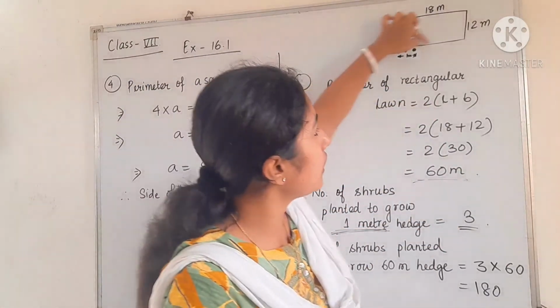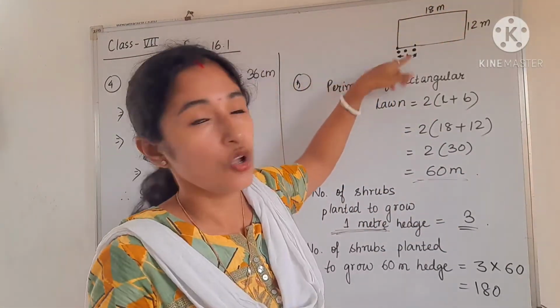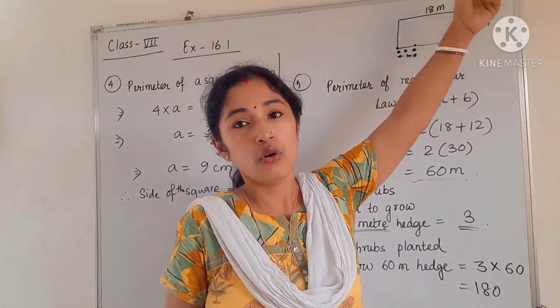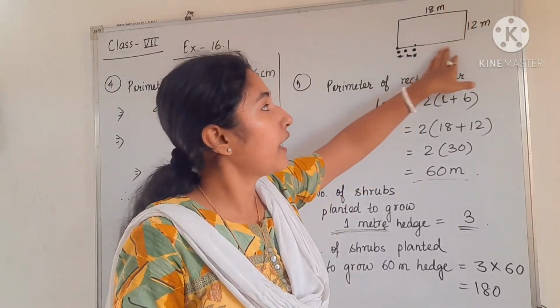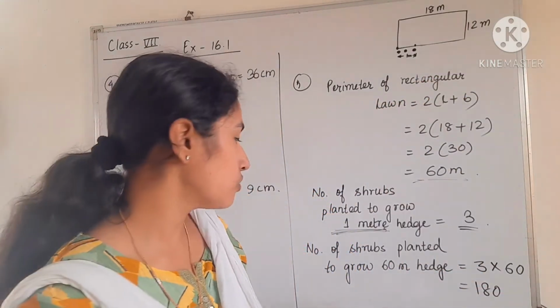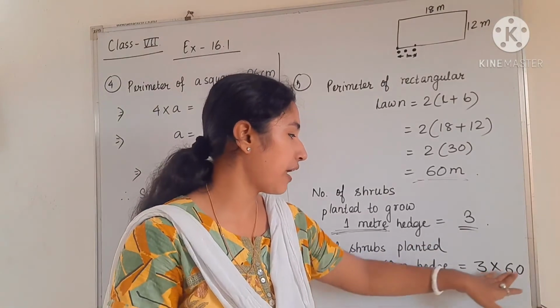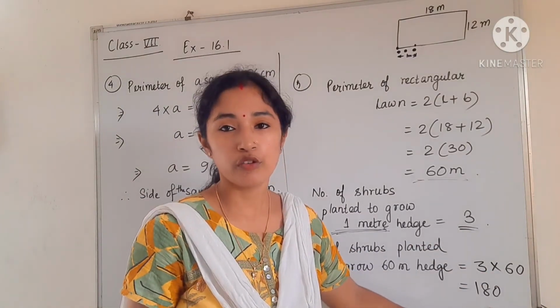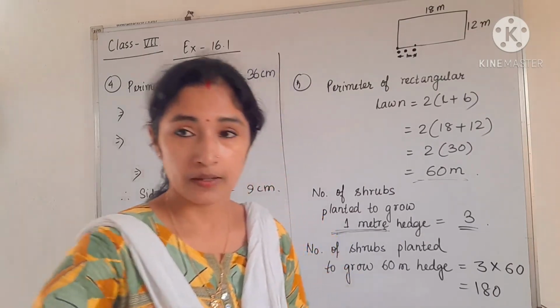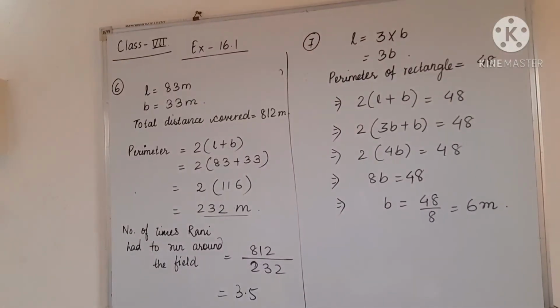Because the total length of the boundary is 60 meter. So like this we have to repeat 3, again 3, again 3. Okay, so we will not add these things because we know that repeated addition is what? Multiplication. So we can just directly multiply and we can easily find the number of shrubs which will be needed. That is what? 180. So see student, the next question is number 6.